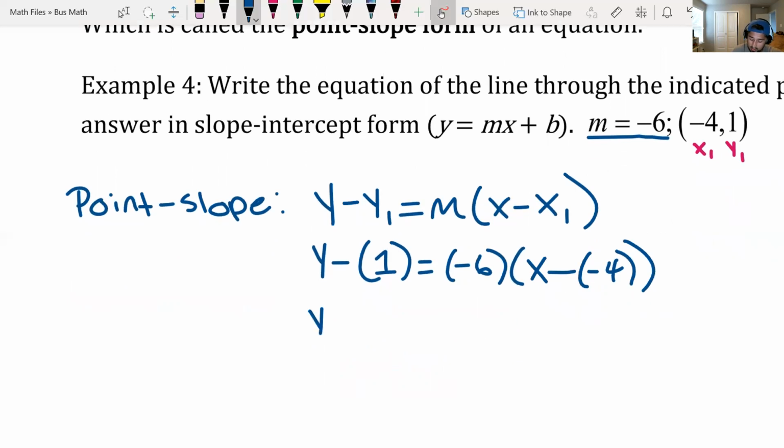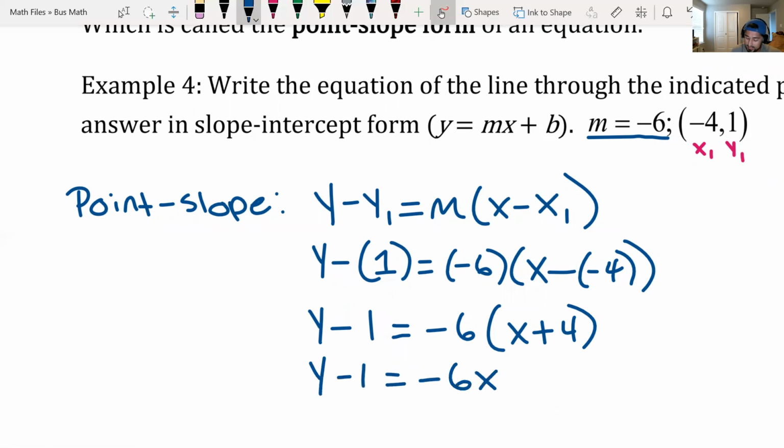This means you get y minus 1 equal to -6 times, and on the inside here, minus minus makes positive. So this leaves me with x plus 4. Okay, now distribute the -6. You get y minus 1 equals -6x minus 24.